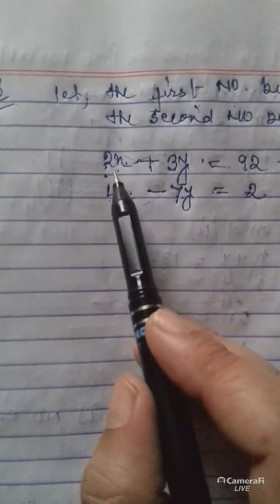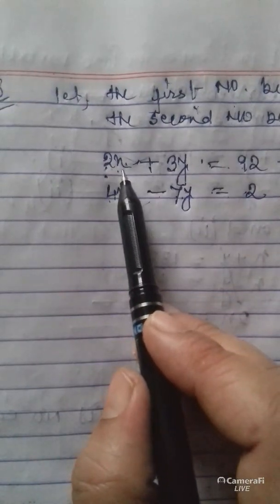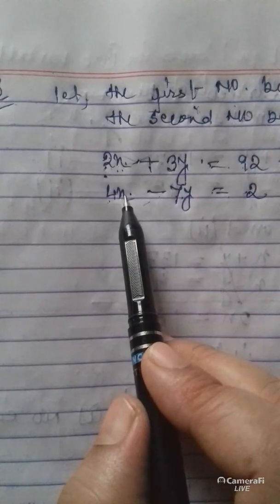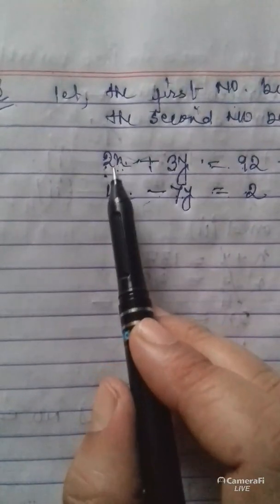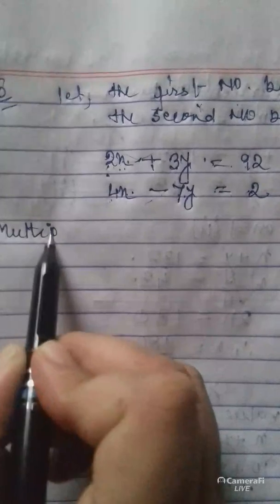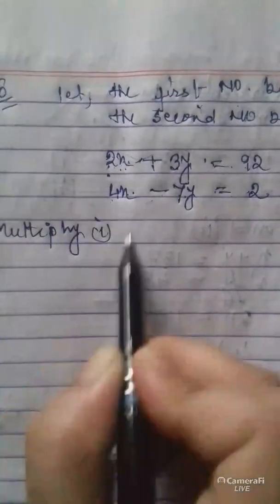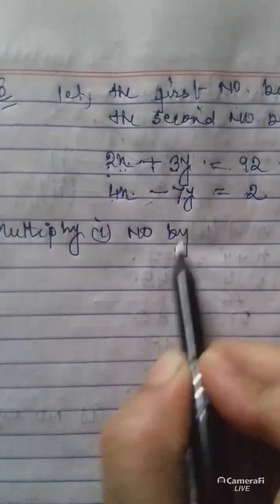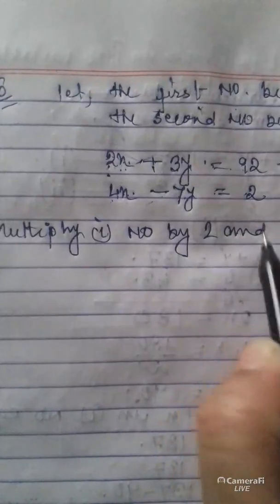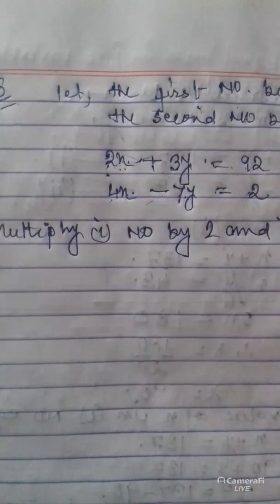If we want to eliminate the x variable, then we multiply equation one by 2. Here 2x and in the second equation 4x. Then 2x into 2 means 4x. So equation one multiply by 2 and equation two multiply by 1.